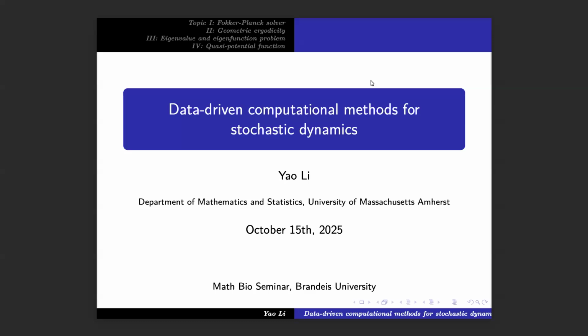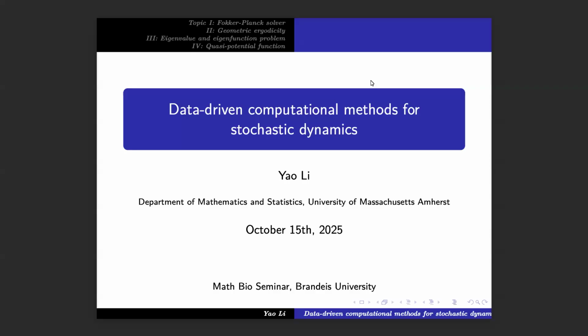His primary research interests are applied probability and applied dynamical systems. His research interests also extend to a variety of problems in machine learning, statistical mechanics, and neuroscience. We are glad to hear more about his research.